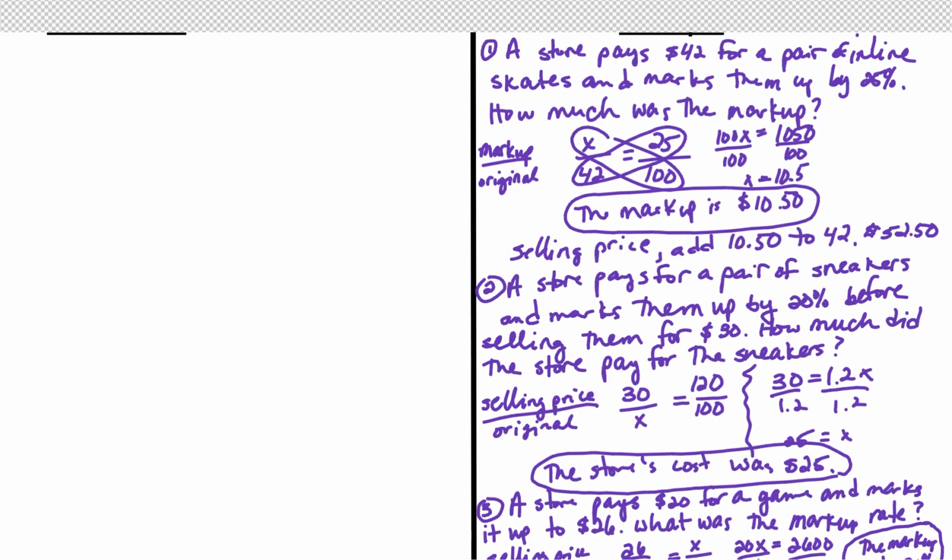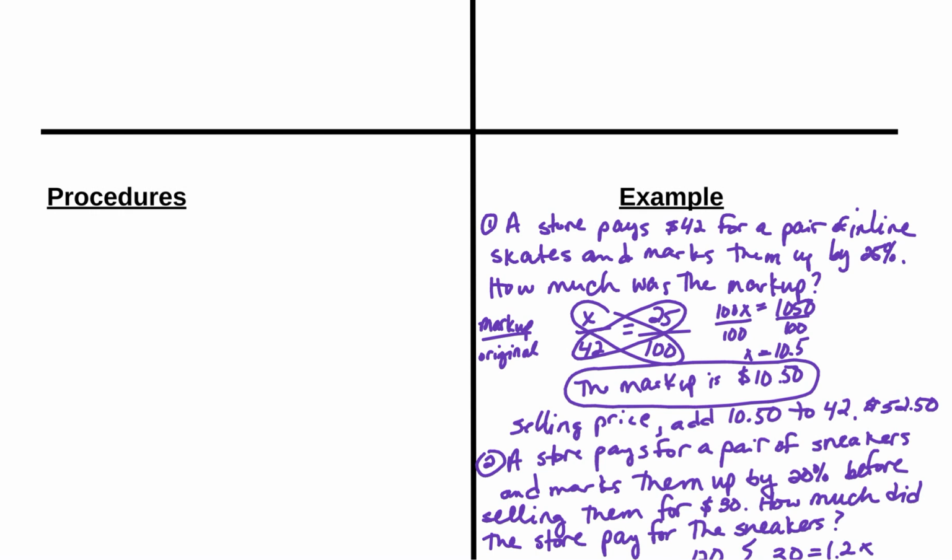And so what's our procedure that we have to keep in mind? Well, there's a lot of different things that we can think about, but one of the most important things is that original or cost is 100%. That's huge. We can use proportions or an equation to find the markup amount and then add to cost amount.